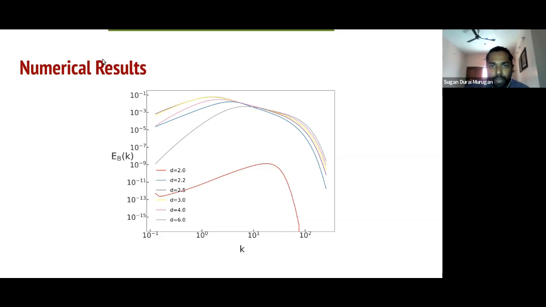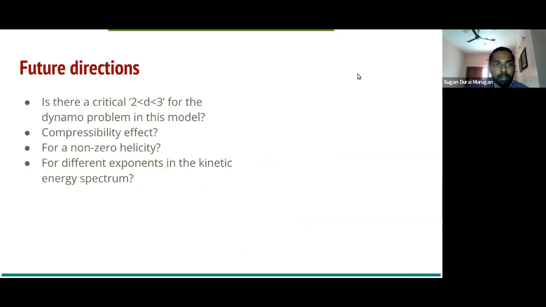So as I said, our aim of this study is to look at the effect of dynamo in various dimensions, and in future work we have to include helicity in the equation and vary that over different dimensions.